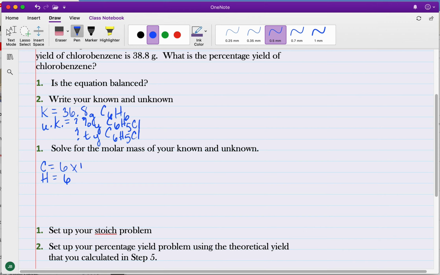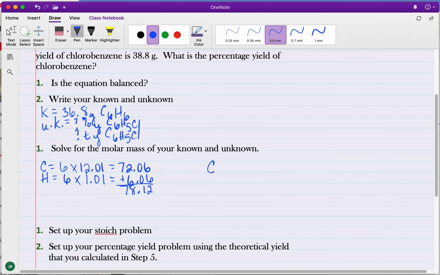And carbon is 12.01, hydrogen 1.01. And we get 78.12 grams per mole.